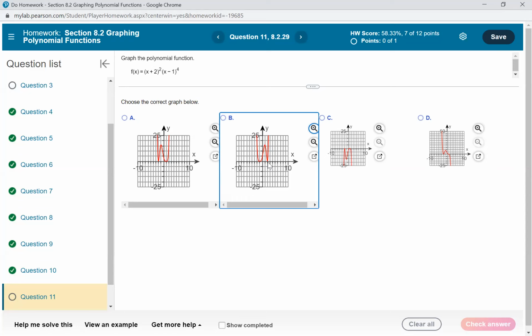So between the 2, I had to touch over here at negative 2 and 1. So we're going to choose A for that one. So y'all, that's how you got to distinguish when you got 2 graphs that look like what you need. Look at where they're touching the x-axis, okay? So we would come down, check that answer.